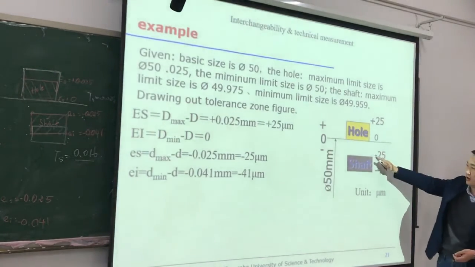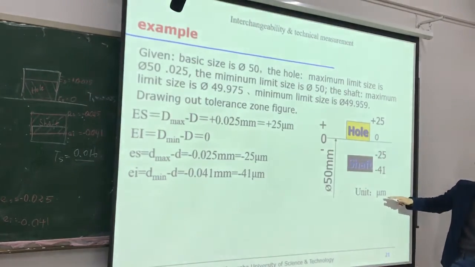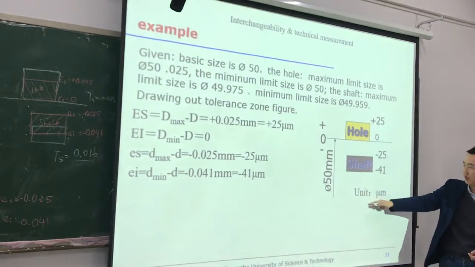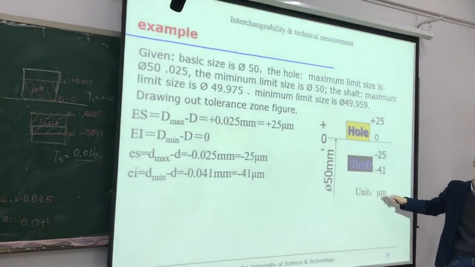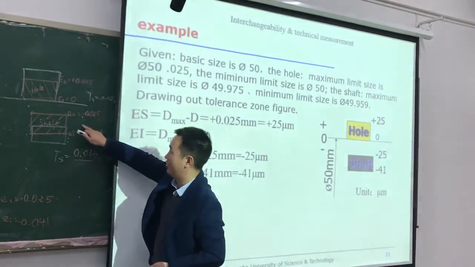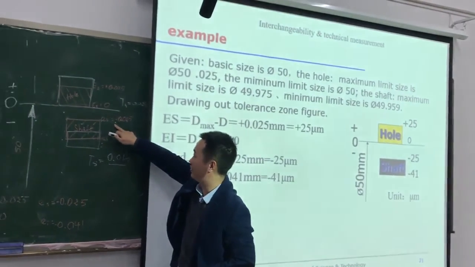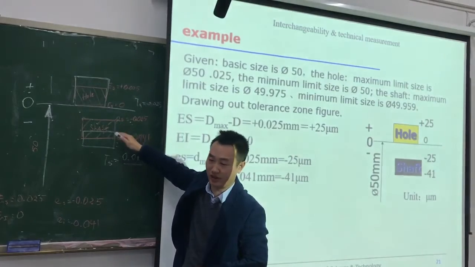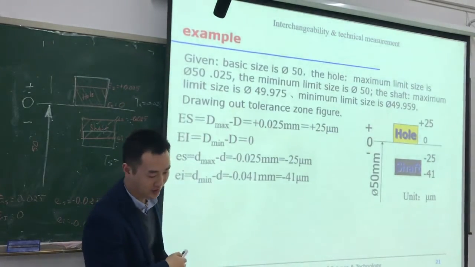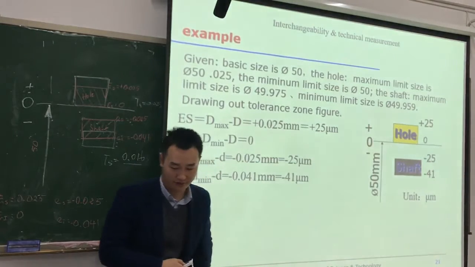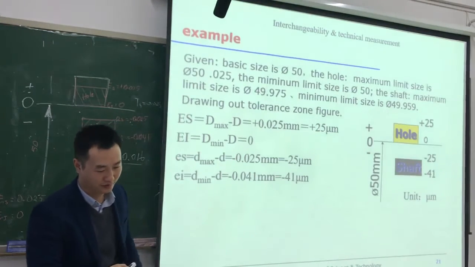Here it used the unit of micrometer. If you use millimeter, you don't have to indicate the unit. Just like here, you can write ES equals; here also you can omit it. It's okay. That's how we draw the tolerance zone graph, the graph of tolerance.